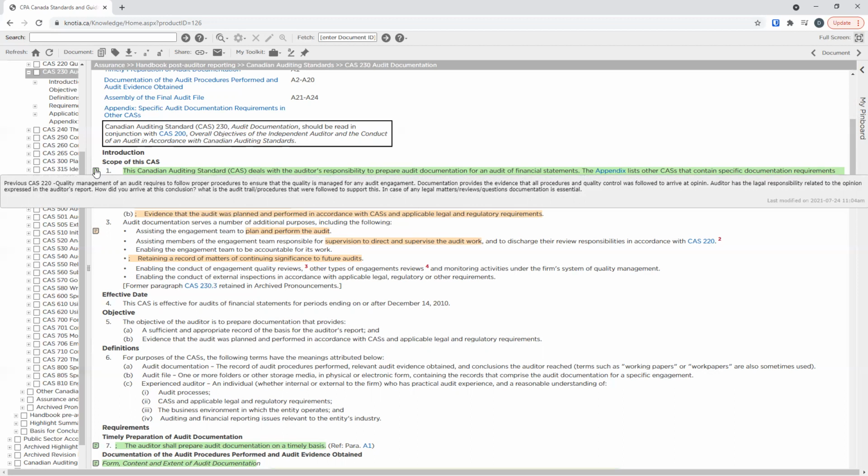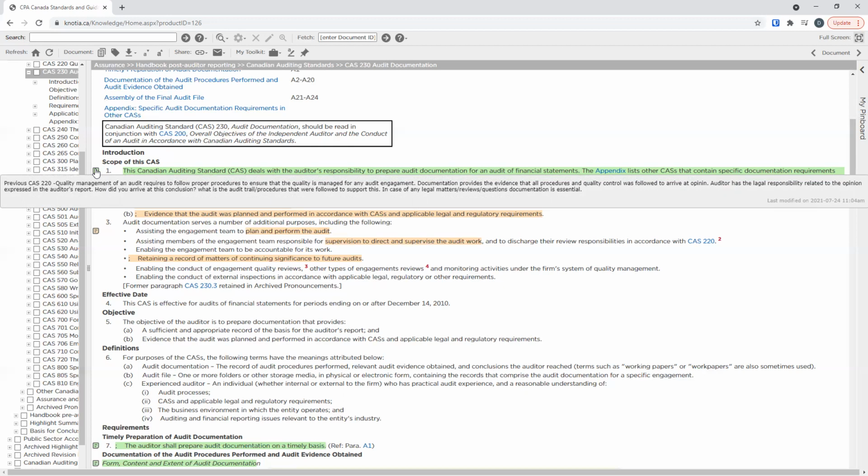Now, to review, it is required to have some documentation. That documentation is the evidence that all procedures are followed. What was the evidence collected? What were the discussions that happened with the management? What were the issues? How were they resolved? Were there any errors? All this quality control is followed to arrive at an opinion, and this documentation provides support for how we arrived at the opinion.